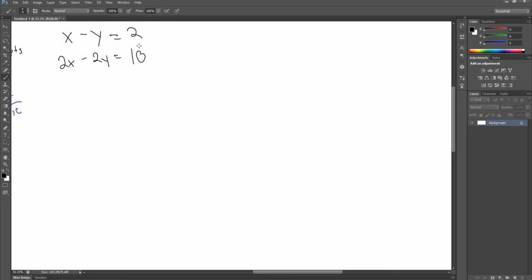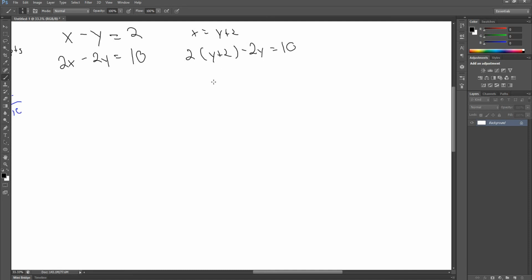Okay, so if you worked through this, you would have likely done x is equal to y plus 2, and then plugged in for x, so you would get 2 times (y plus 2) minus 2y is equal to 10.